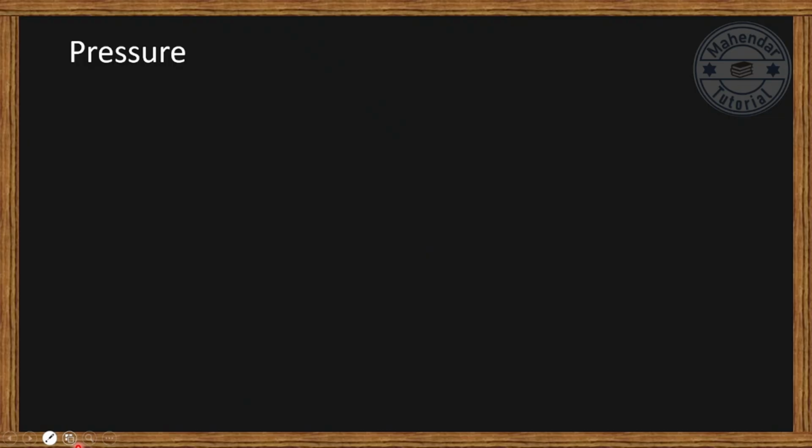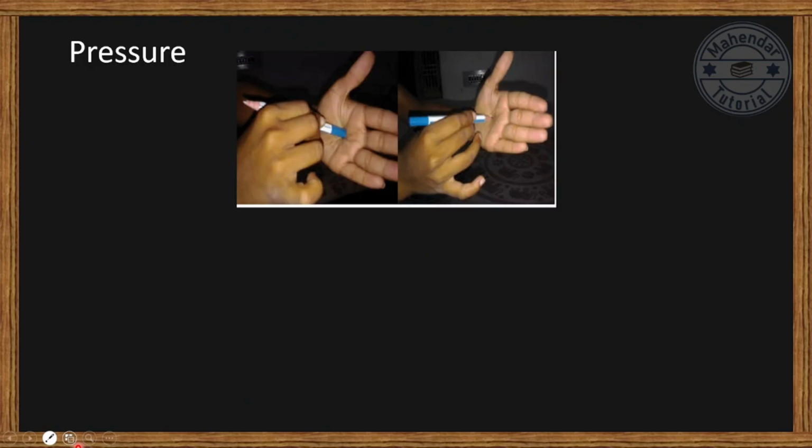Next topic is pressure. If you observe the picture here, a pencil is pressed on the palm on its broader side. If we apply force on our palm, we do not feel much pain, we feel less pain. It is not pierced into the skin.